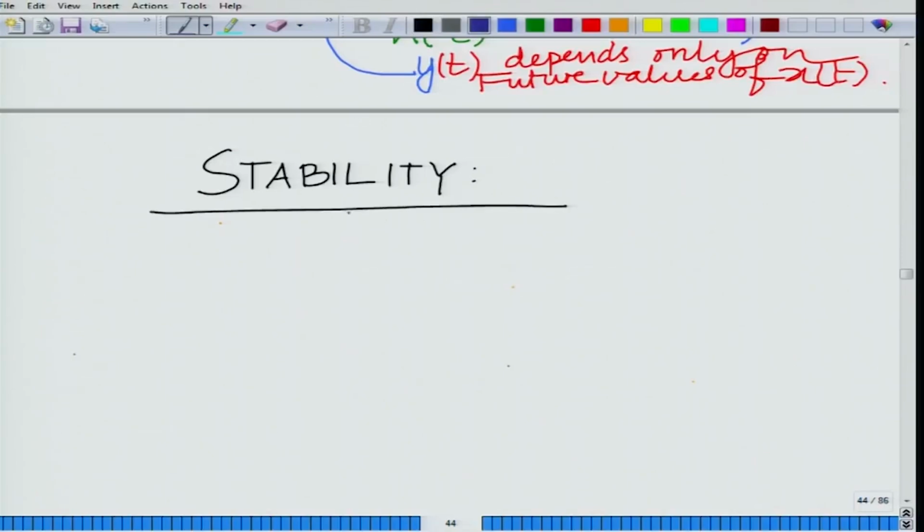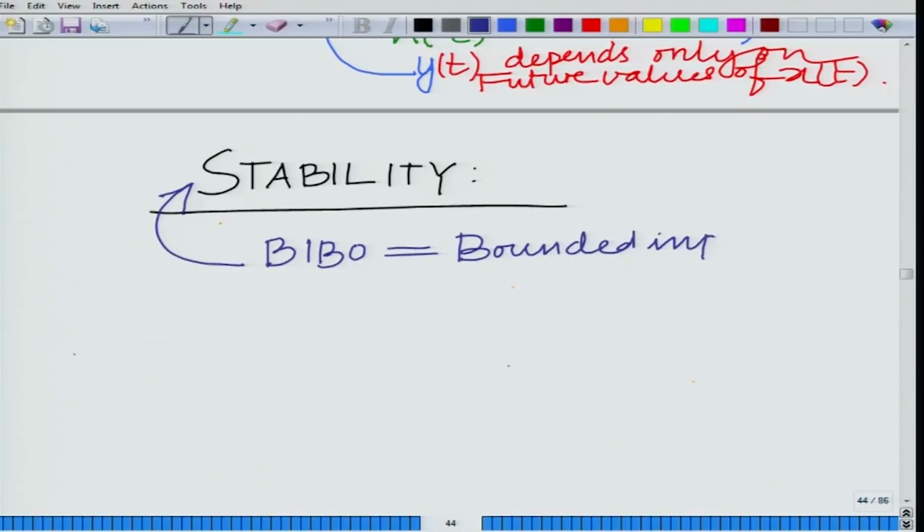In particular, let us look at BIBO stability, which we already described previously, that is bounded input, bounded output.